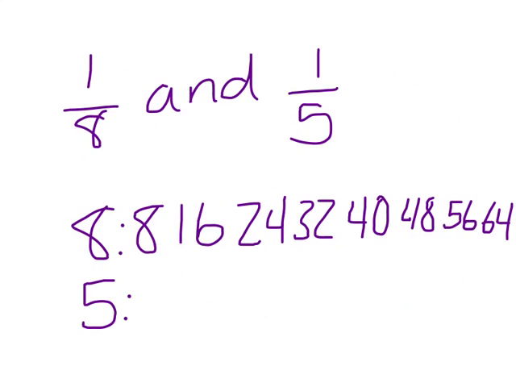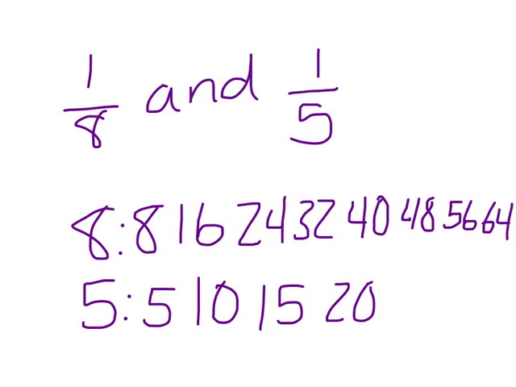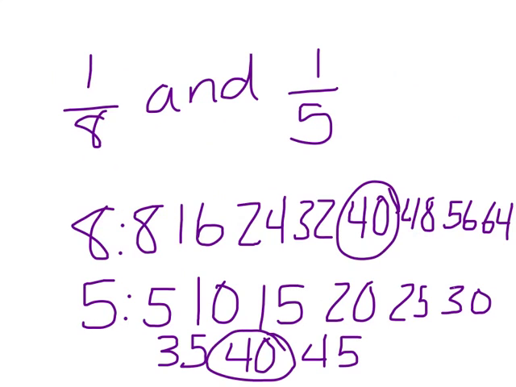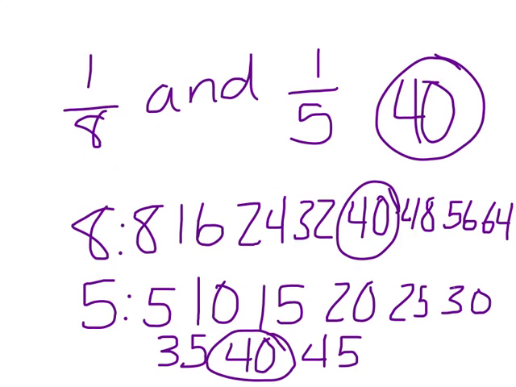List the first 9 multiples of 5. 5, 10, 15, 20, 25, 30, 35, 40, 45. What's the smallest number on both lists? 40 is the smallest number on both lists. 40 is the least common denominator of 1/8 and 1/5.